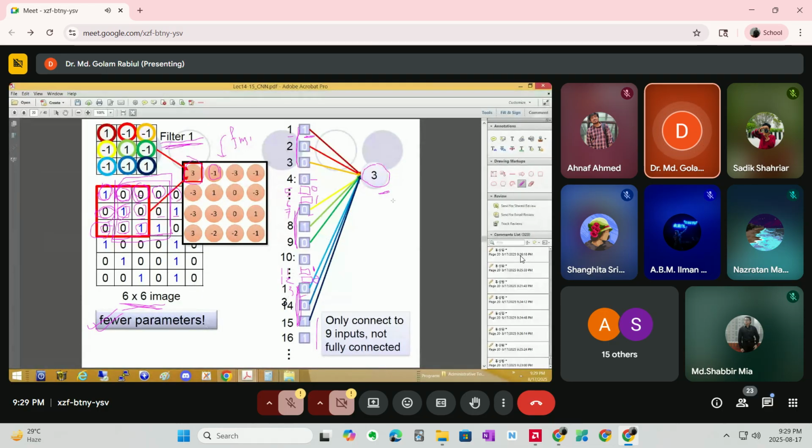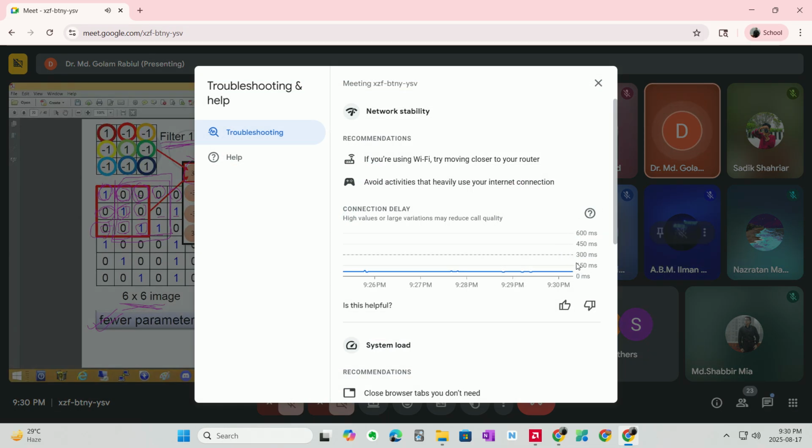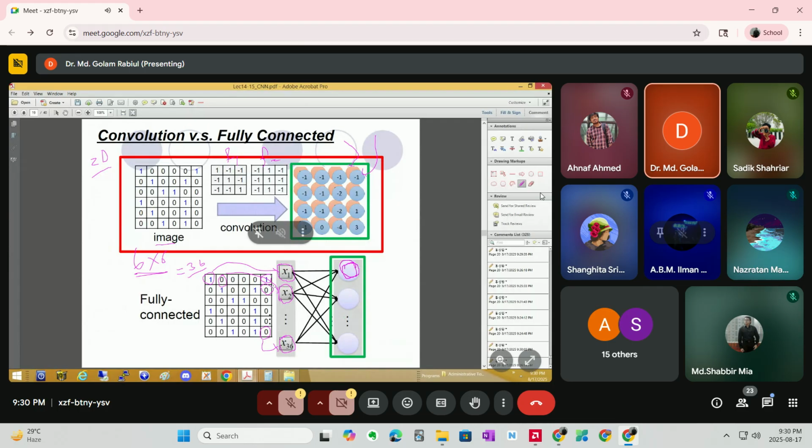Another thing here is that each value is only connected to 9 inputs, so it is not fully connected. For producing this value, we have connected just 9 neurons, 9 values. Instead of connecting all, like in fully connected neural networks, where to produce this one we have to have the connection from each and every input.